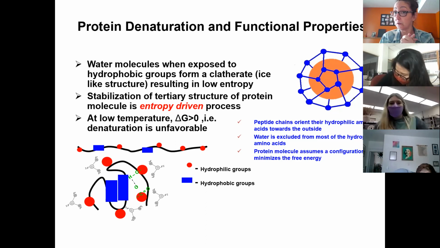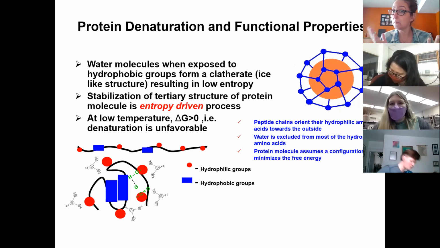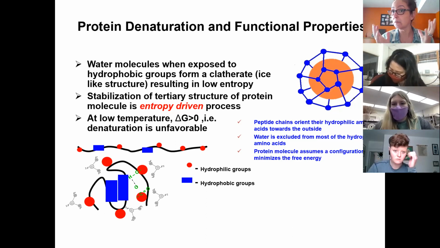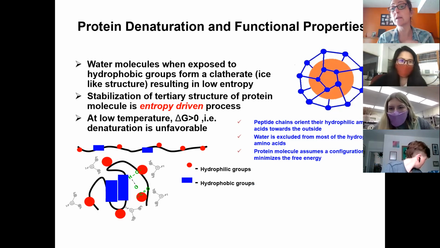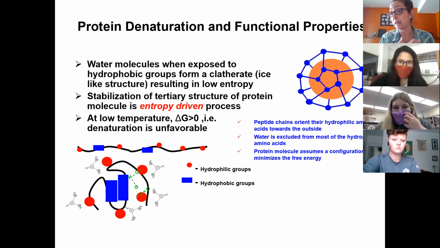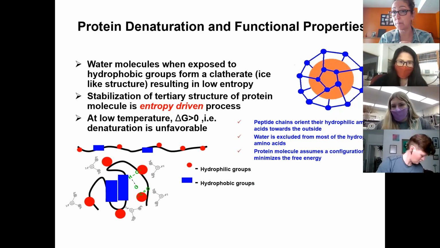At low temperature in general, delta G is positive. There's nothing at low temperature, no denaturants, that's going to break any bonds. Then you have a delta G that is positive, a stable protein, a stable structure. There's nothing that will favor denaturation.